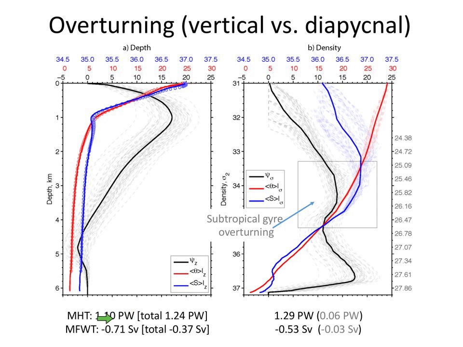And the vertical overturning gives you 1.1 petawatts compared to 1.24, and also the freshwater, it gives you a southward freshwater transport of 0.71, compared to a total of 0.37 southward. All these four numbers are very close to the best estimate based on RAPID results.